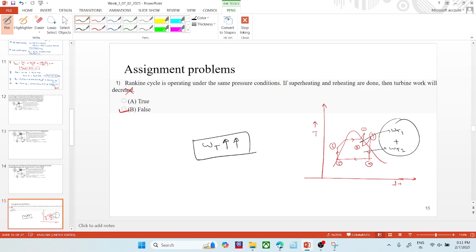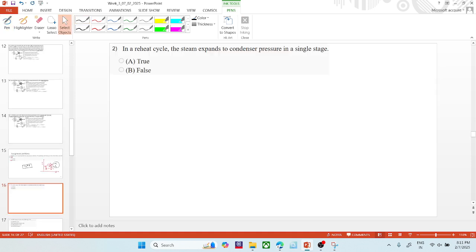So this option is not correct. It is false. Next, in a reheat cycle, the steam expands to condenser pressure in a single stage. No, this is also not correct. This is a false statement, as we have seen in the reheating cycle.